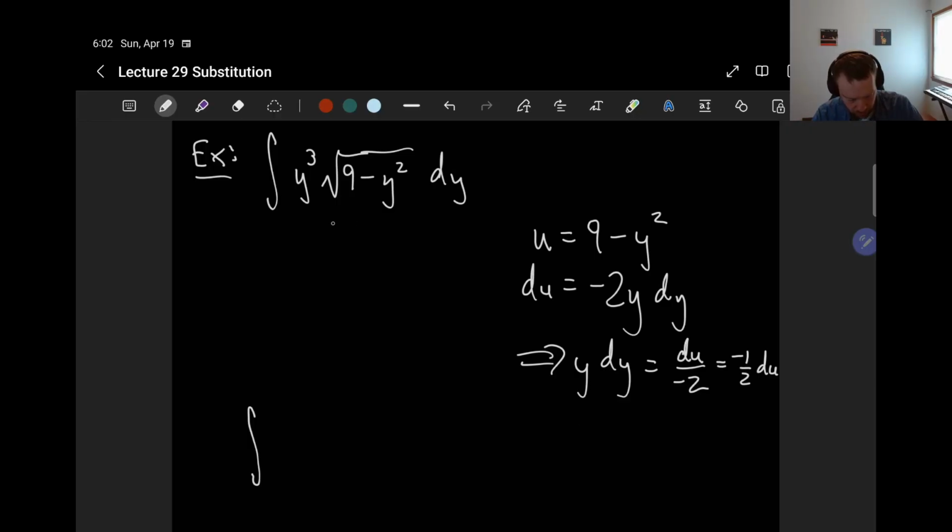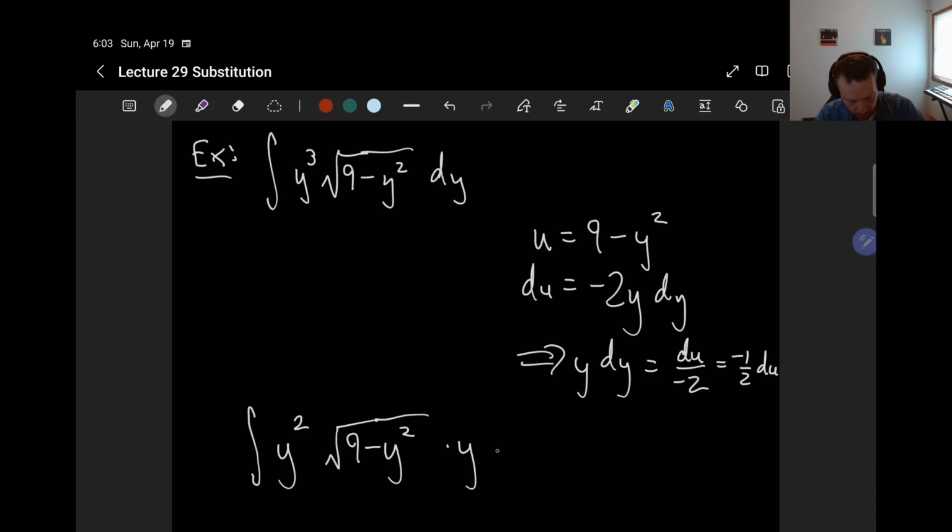So well, we can certainly deal with the u part, that's the square root of u. And while we have a nice expression for y dy, that means I've still got a y squared left over. So how about we write that separately? And maybe I'll keep writing in terms of y for now.